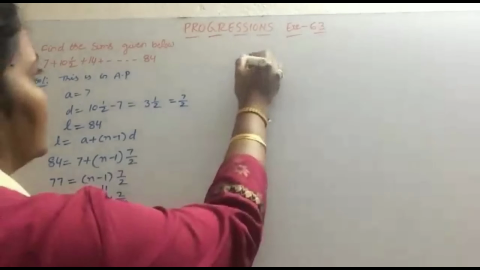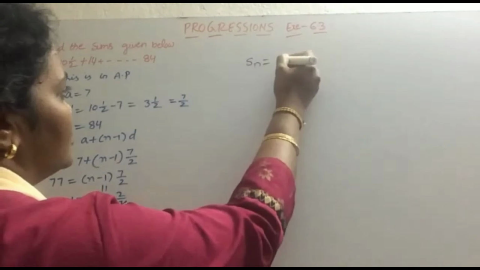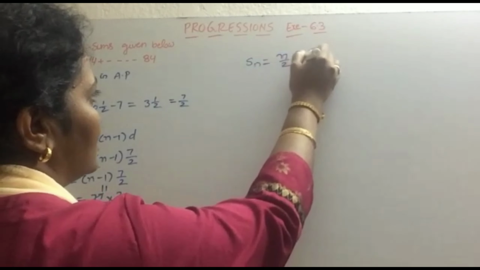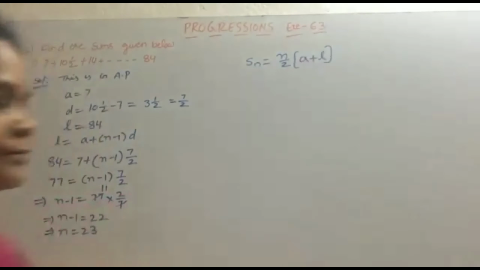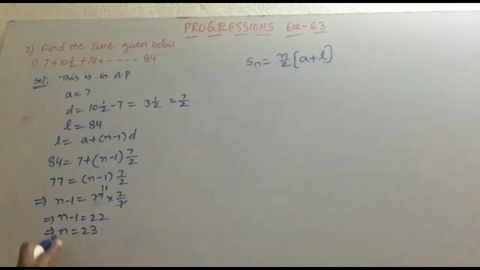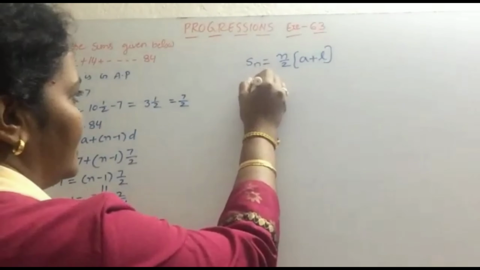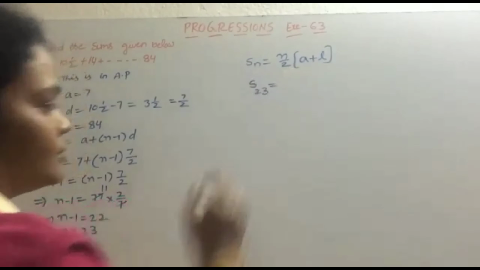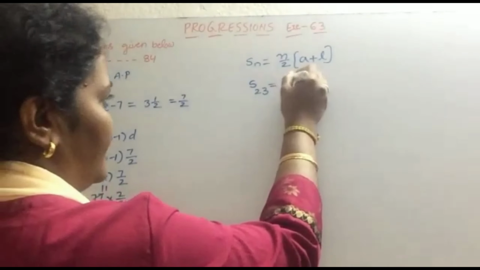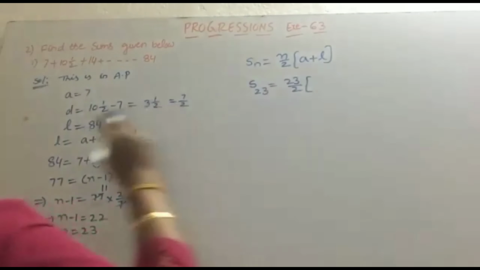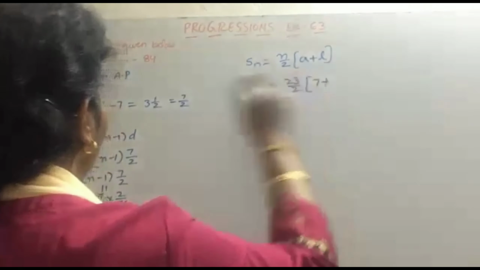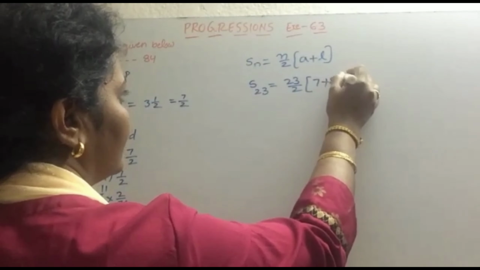So we also know that Sn is equal to n by 2 into a plus l. So n is 23. Then S23 equal to 23 by 2 into a is 7 and l is 84.